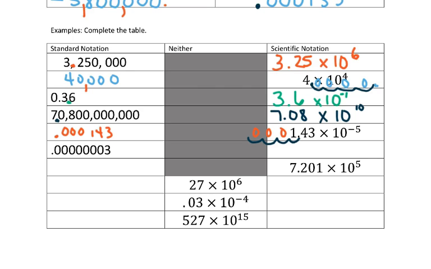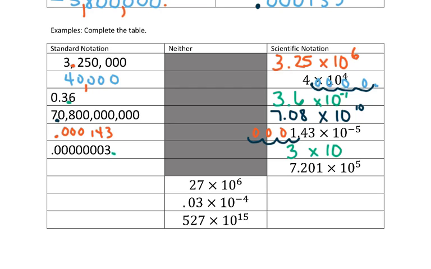The last one, and we have 2 more that I'm going to do right now. So this next one, I'm going to put the decimal point after the first non-zero number, so that's after the 3, which means that's going to be a 3. We're going to multiply by 10 to a power.